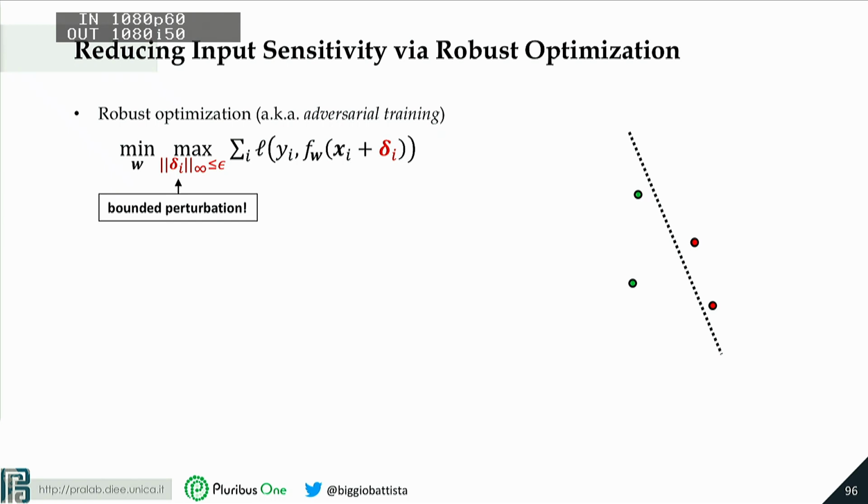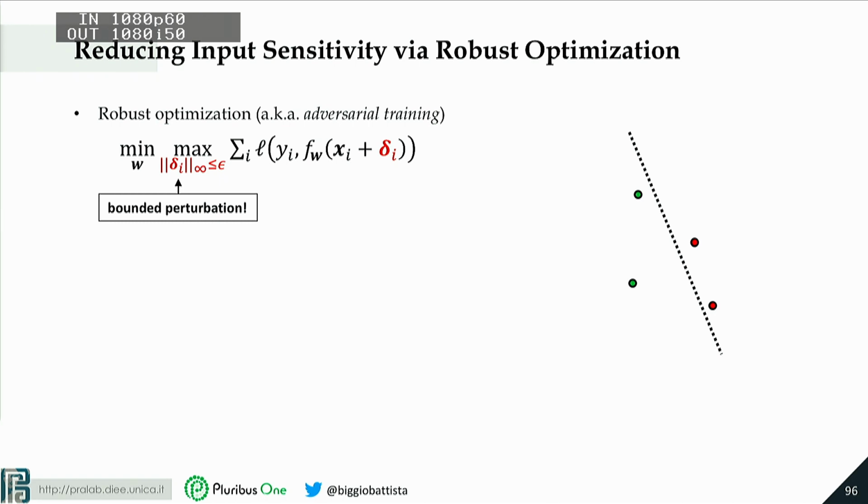In the standard learning problem, you just minimize a loss function computed on the training set with respect to the classifier parameters. That's the outer optimization loop: the minimization of this loss function with respect to w. That's how you optimize the parameters of a linear classifier, and this would be the solution that you find, for example, to separate these points in a very simple toy example.